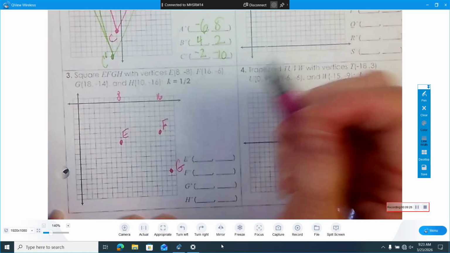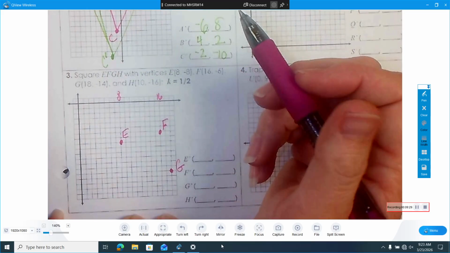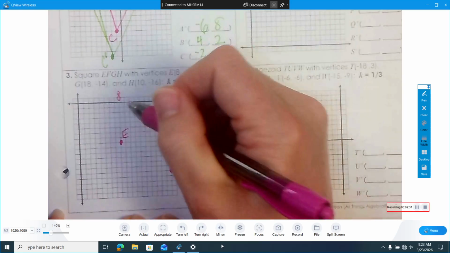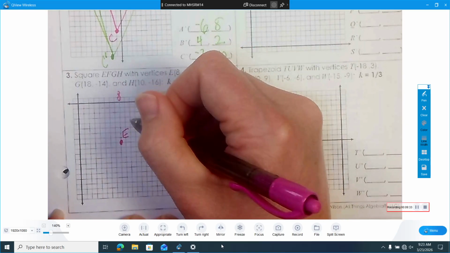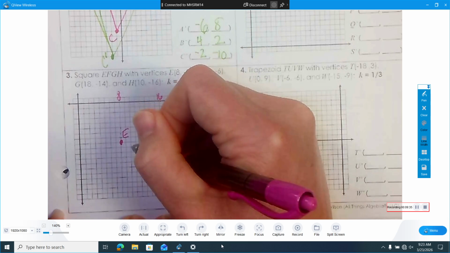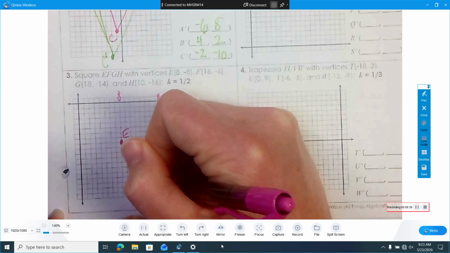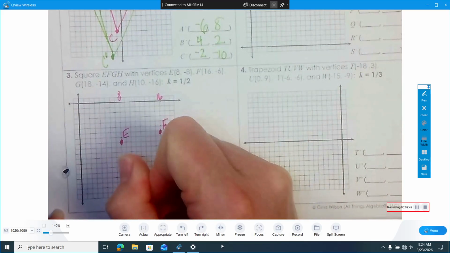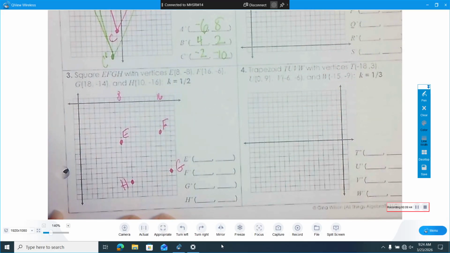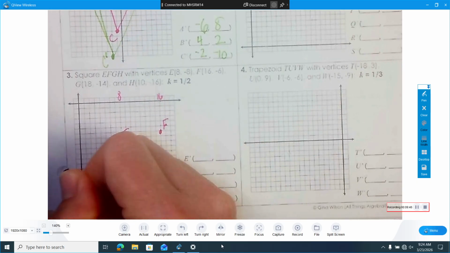And then H is at 10, negative 16. Well, that's some hard counting. That was. All right, there's negative 16.